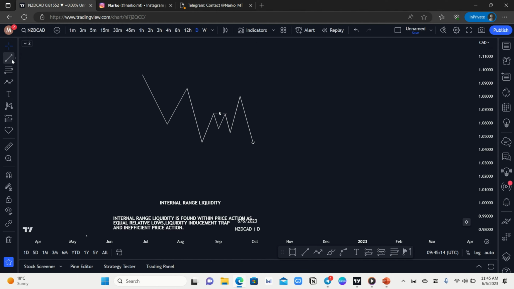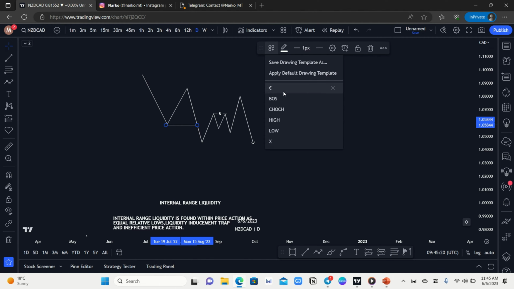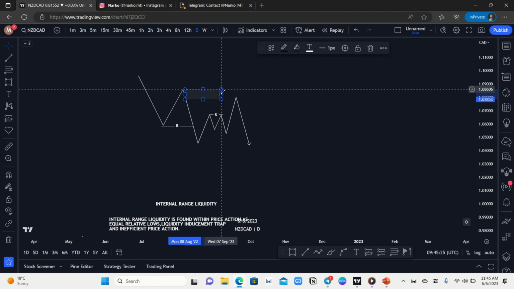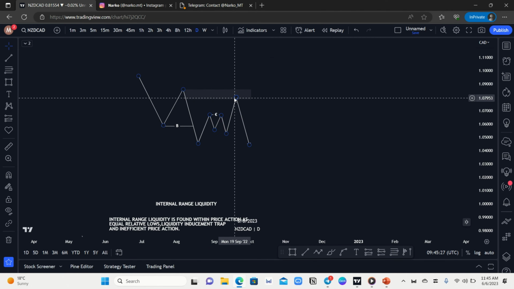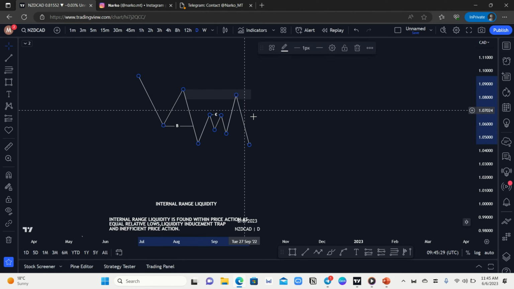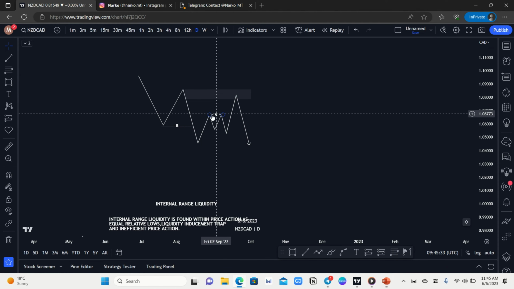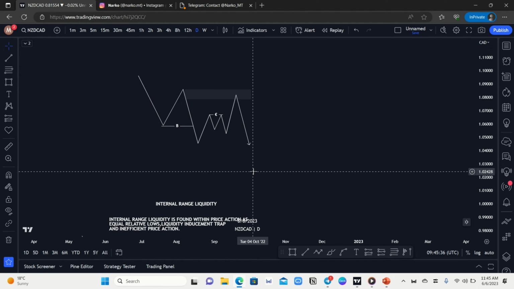Here is going to be your break of structure, and your order block or supply area is going to be at this lower high here. When you have something like this, just know that this is included as internal range liquidity.